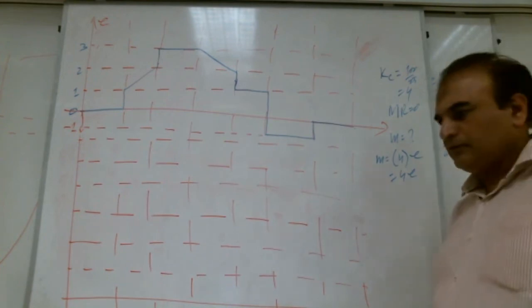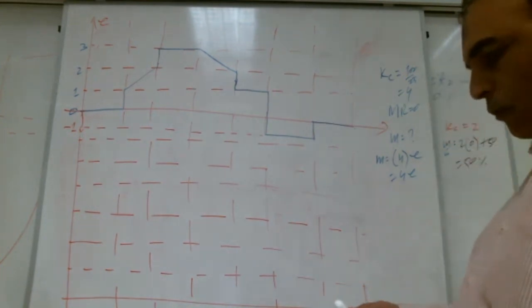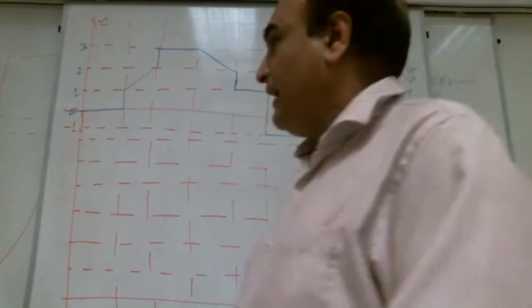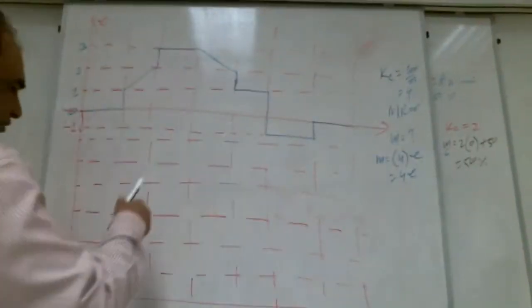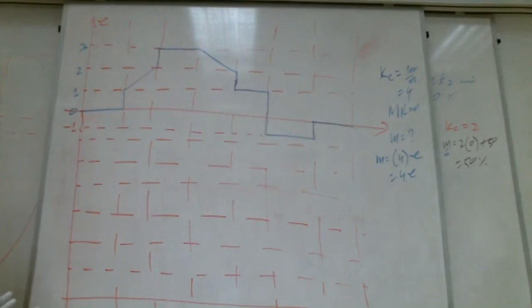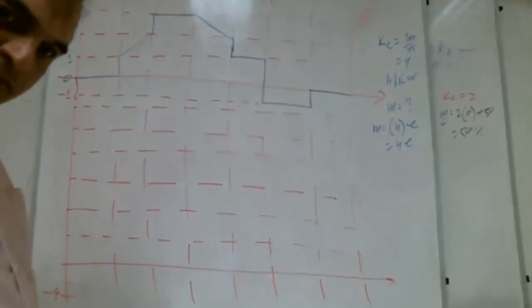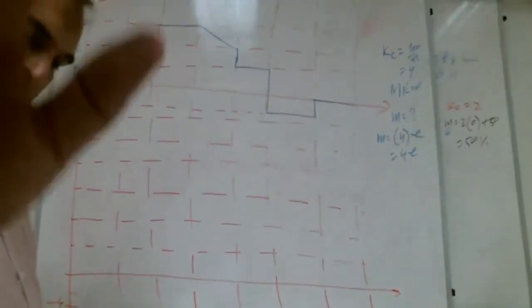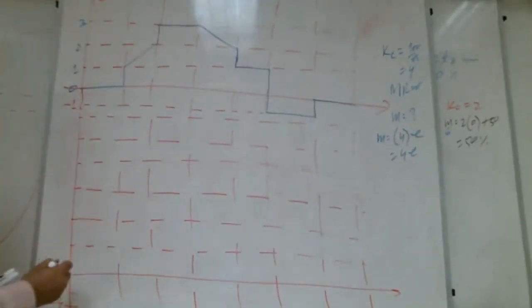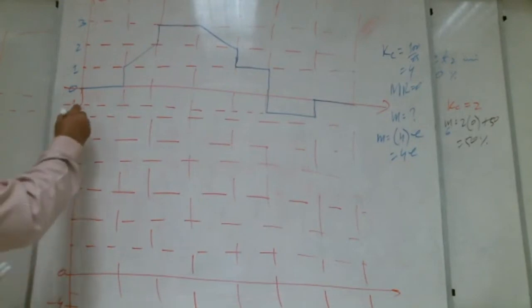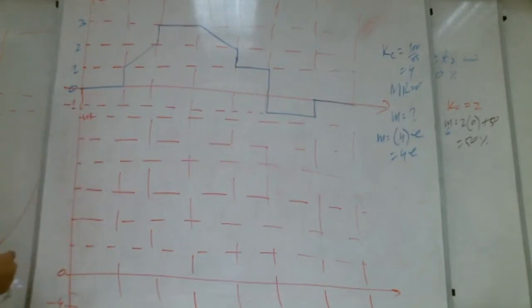Right, Shabab? For example, if the error is -1, we multiply it with 4, giving -4. Then if the error is 0, multiply with 4, giving 0. Right, Shabab?